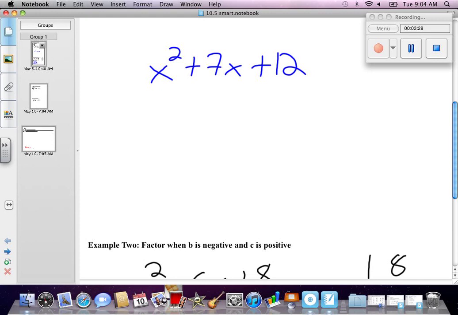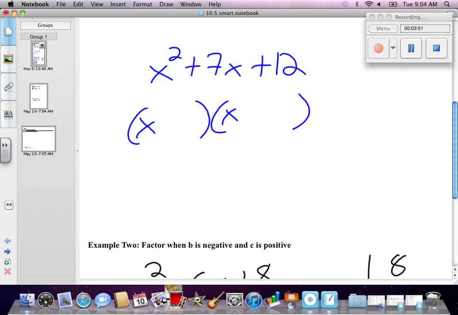So the first thing I would think of is, what times 1 gives me 12? What times 2 gives me 12? What times 3? What times 4? Okay. So everybody has two parentheses that look like this, right? Everybody's got an x in each one.